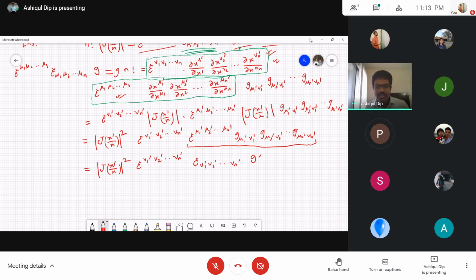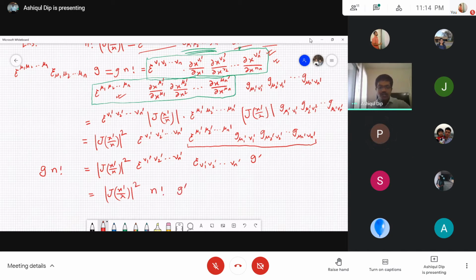So now on the right hand side you already have G times n factorial, and again you have this sum over E. So what do you get over there? N factorial, so n factorial times G G prime.